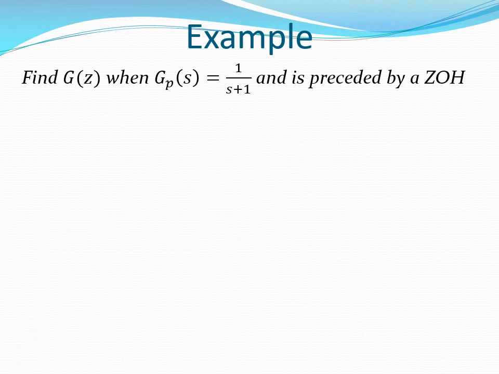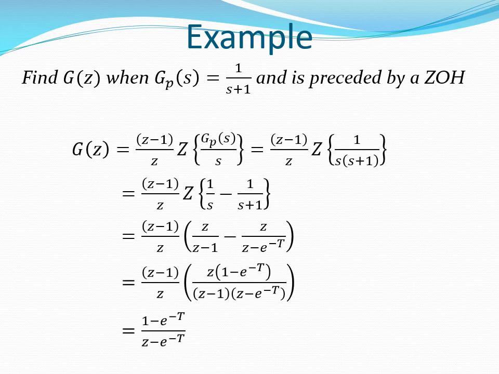In this example, we are given G(s) as being equal to 1 over s plus 1, and we are told that it is preceded by a zero order hold. We want to find G(z). We substitute for G(s) in the general expression using the value of the TF given in our example.